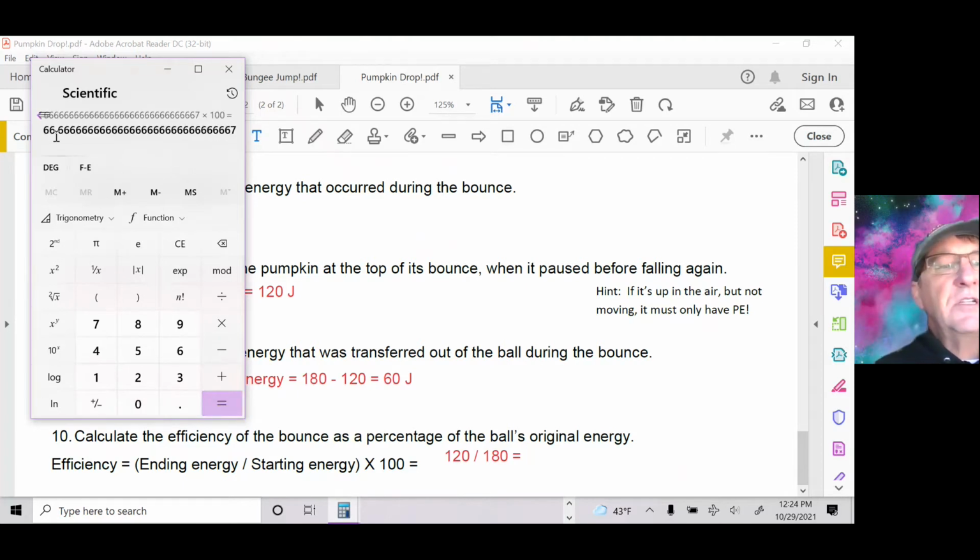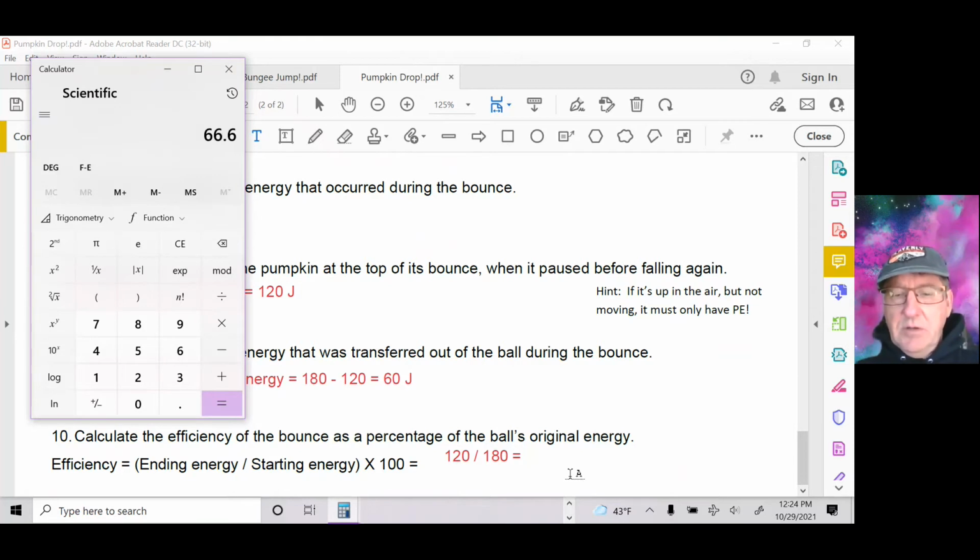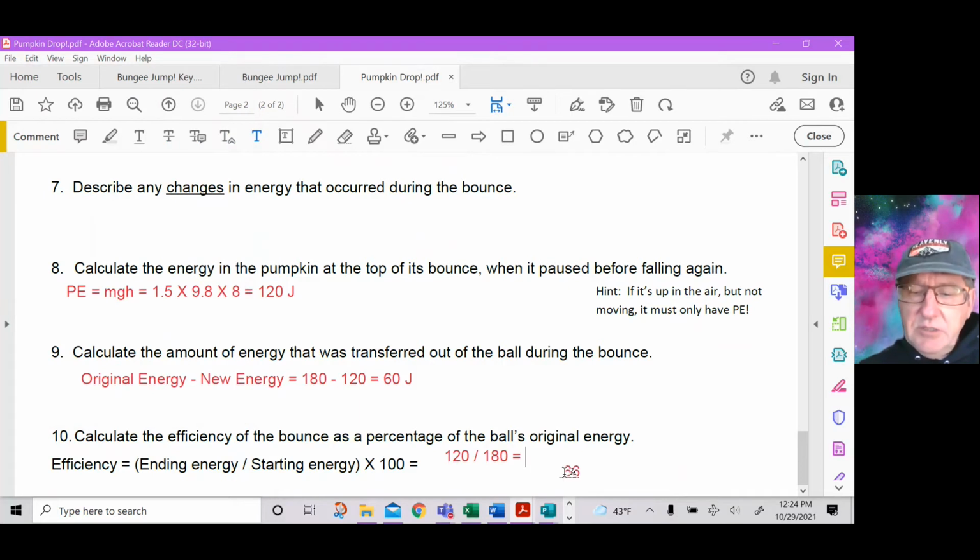So my answer is 66.67%. Oops, I'm supposed to do that here. 66.67%. Your answer should be pretty close to that, but it won't be exactly that. All right. Or maybe it will be exactly that. It just might be closer than I thought.